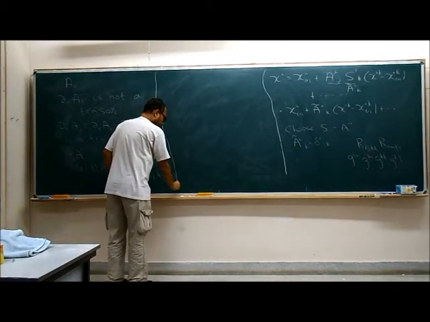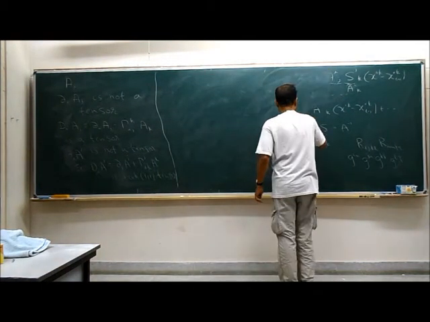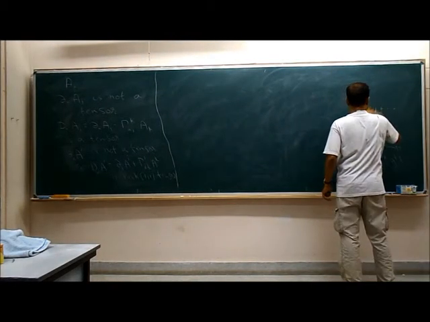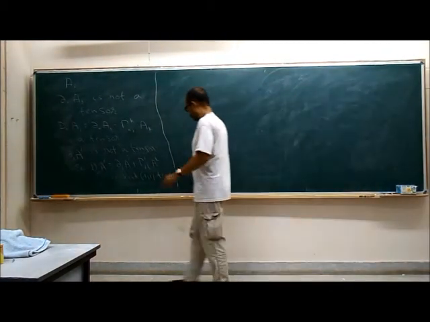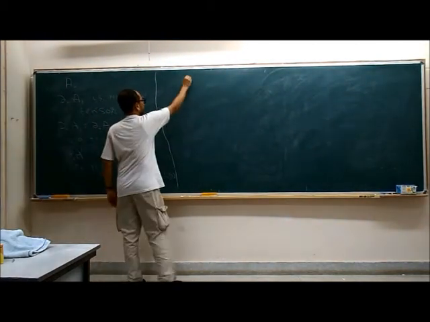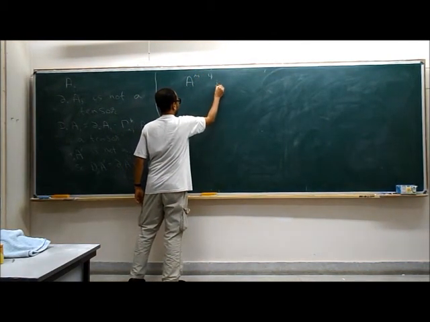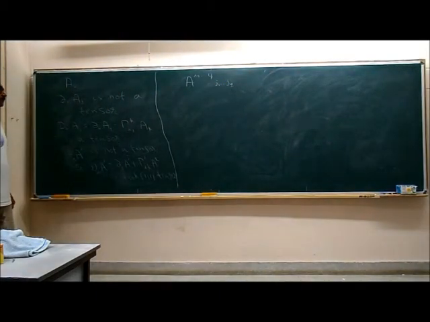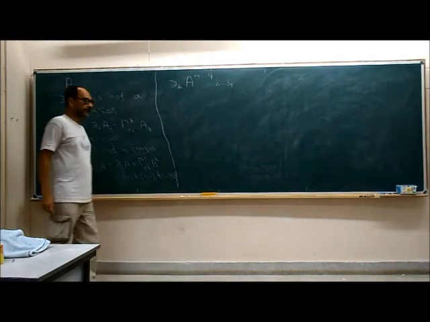So given these two, we can now generalize this notion to the covariant derivative of an arbitrary tensor. Let's suppose that we have a tensor of rank P Q, A^{i1 to iP}_{j1 to jQ}, and we take the ordinary derivative of this.